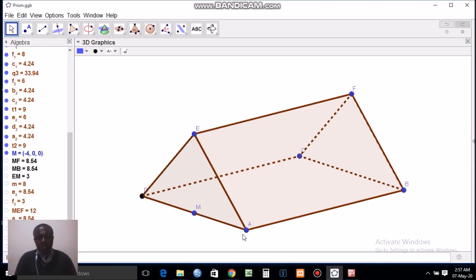So kindly draw it in your exercise book so that when we return, we'll be able to present the problem. Specifically, we will be looking at the calculation of angles between lines in a 3-dimensional object.